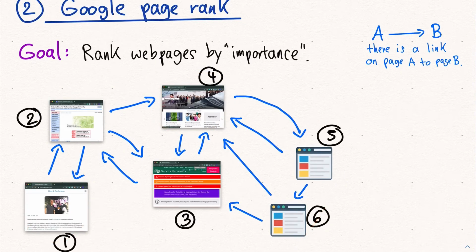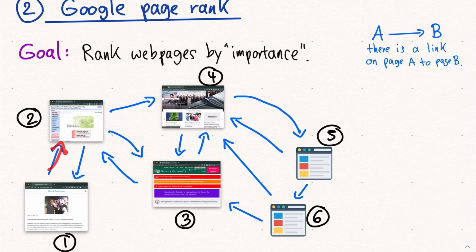Then I draw an arrow between two pages if there's a link on one page to the other. For example, there's maybe a link on the page of the Japanese government to Nagoya University, and also on the homepage of the math department there's a link to Nagoya University.